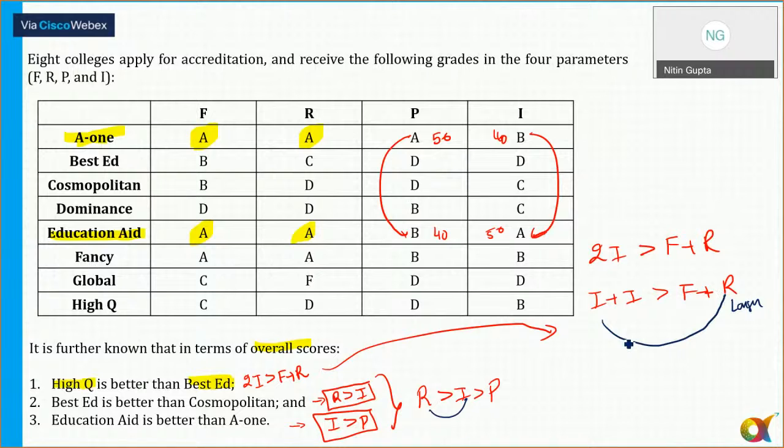Here, these two, R is larger. But on the right hand side, when I add F, we know that I is less than R.